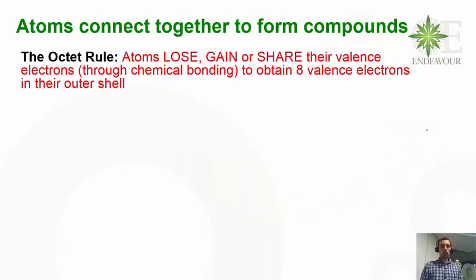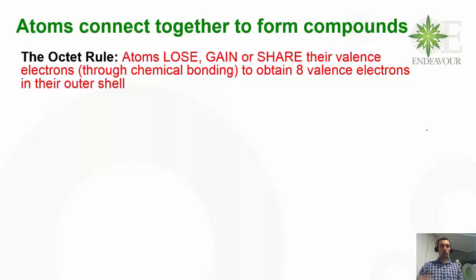So how do we know, or what governs whether atoms are going to behave in this way? Essentially, it comes back to the octet rule that we touched on in an earlier session. The ability of atoms to get the right number of valence electrons to be stable. So they're trying to get up to that 8 valence electrons in the outer shell. The exception to this is hydrogen that only needs 2 because it only has one shell.